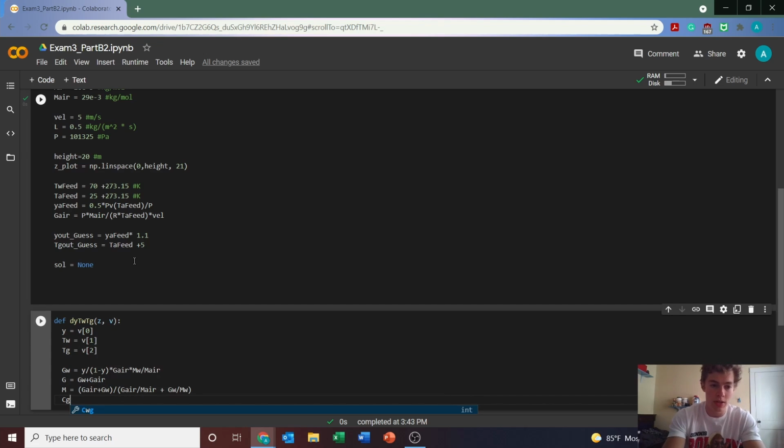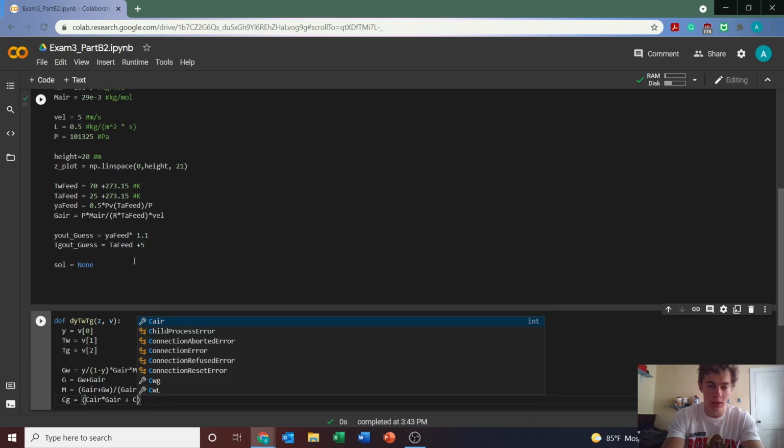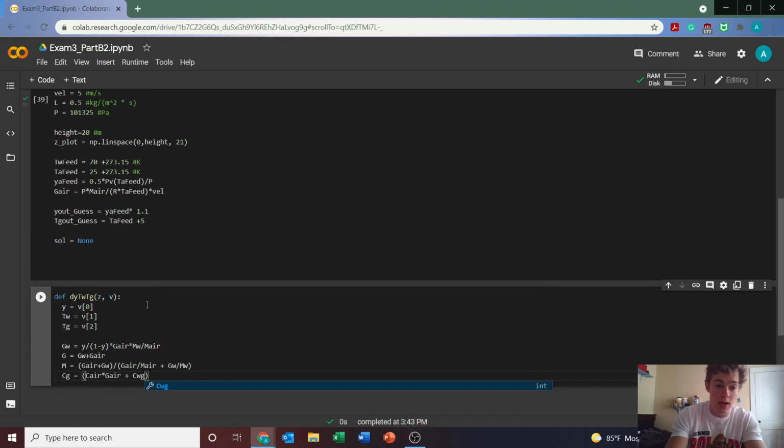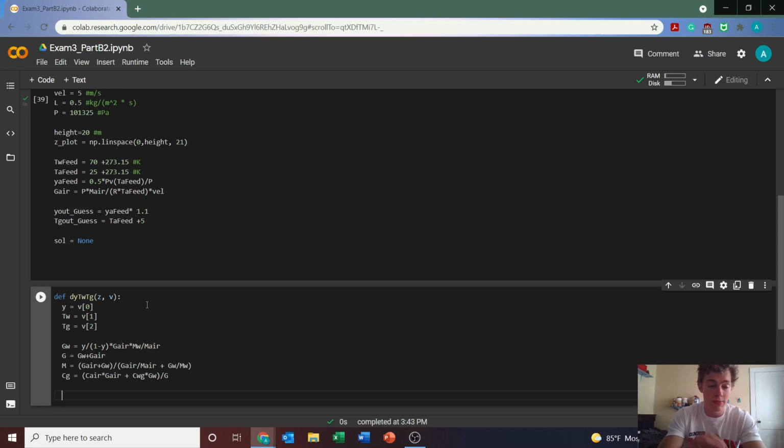So Cg, the heat capacity of our gas, is going to be equal to the heat capacity of our air multiplied by the gas flow rate of our air, and then we add in the heat capacity of our water vapor, which I call Wg, times GW, the gas flow rate of our water vapor, and we divide that entire thing by the entire gas flow rate.